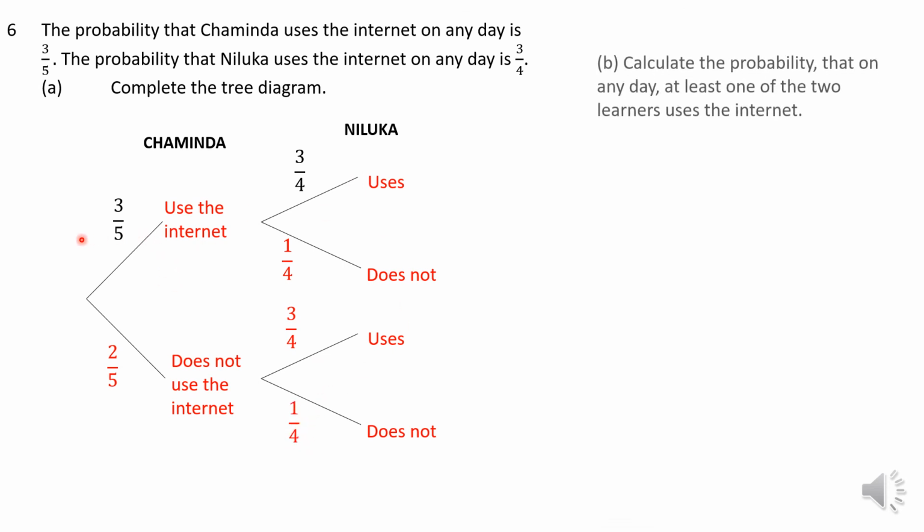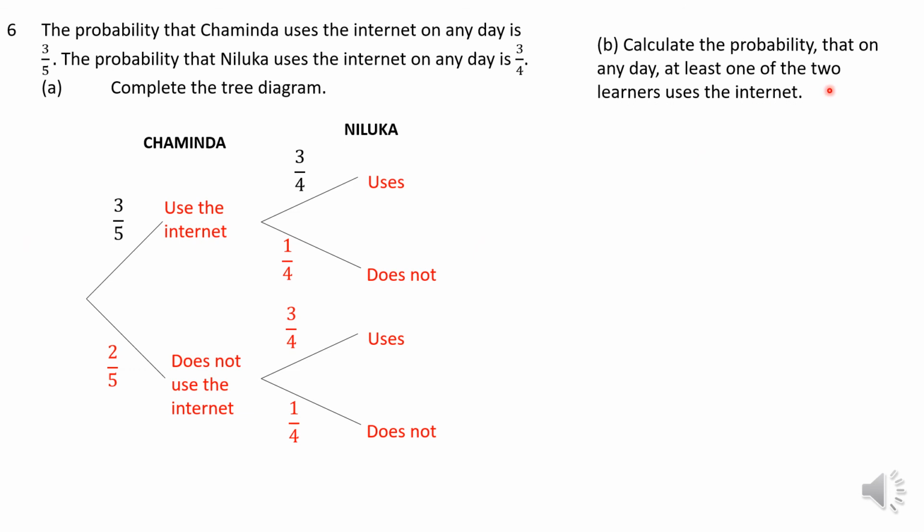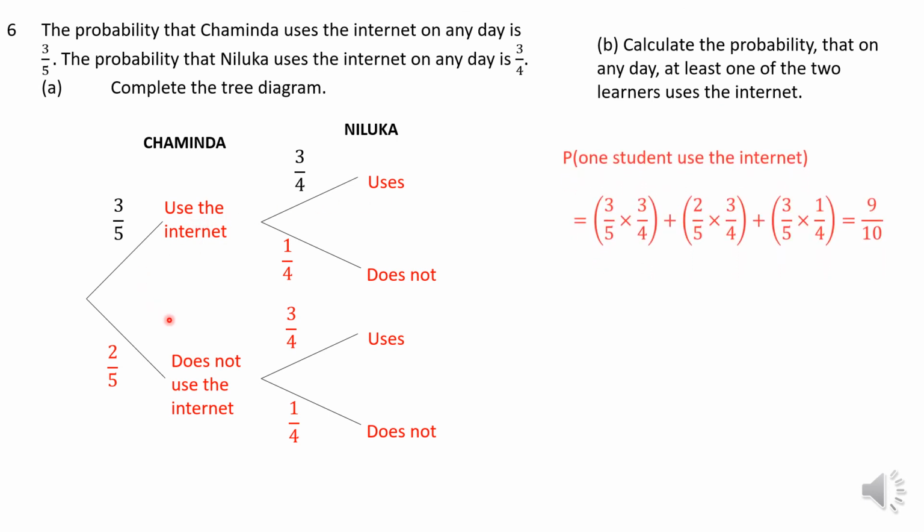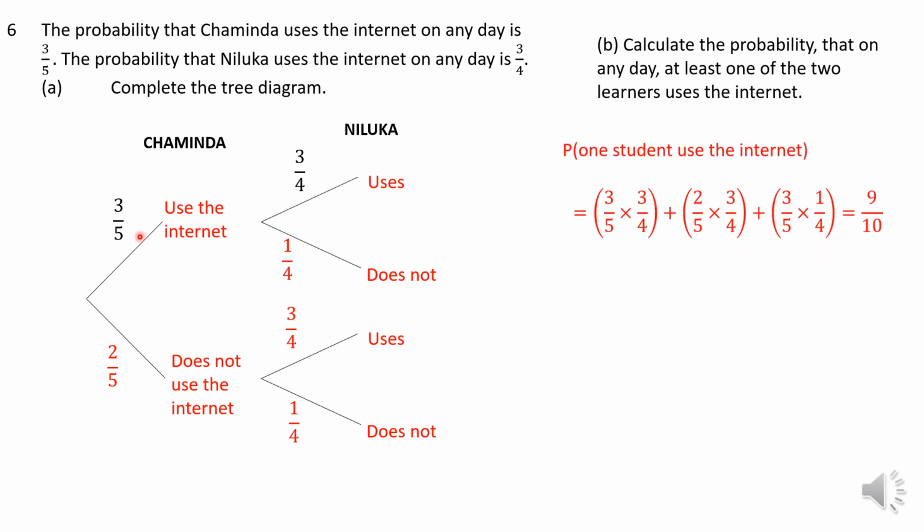Now part B says calculate the probability that on any day at least one of the 2 learners uses the internet. So we're going to go for use, so it's 3/5 times 3/4 plus, remember you go along, you multiply, plus 2/5 times that 3/4 there, so there has to be a use in there.